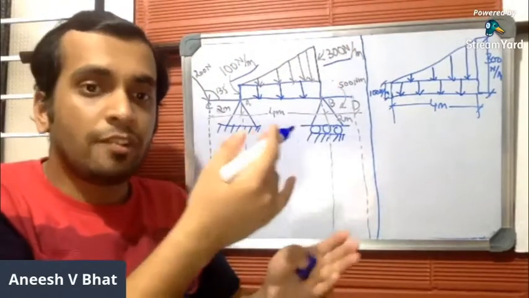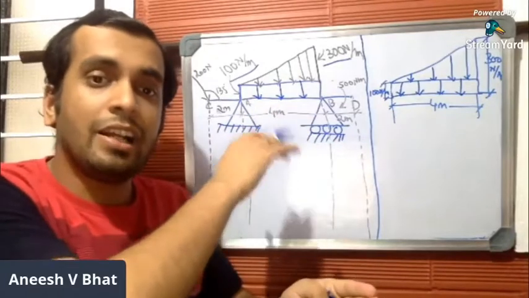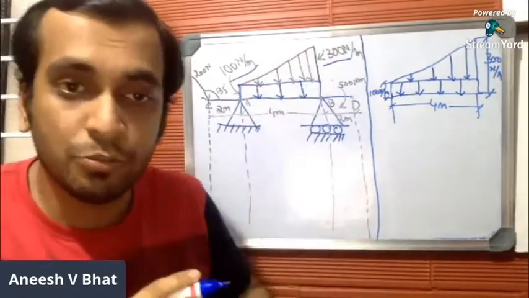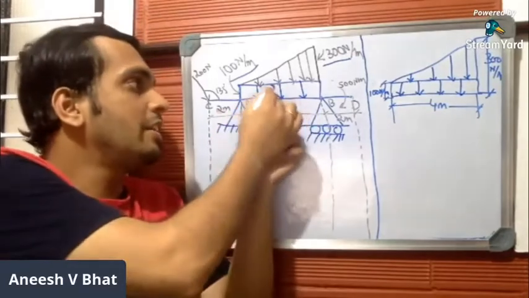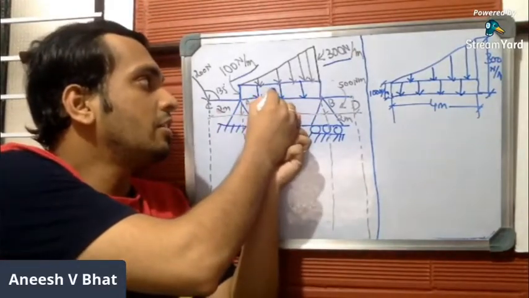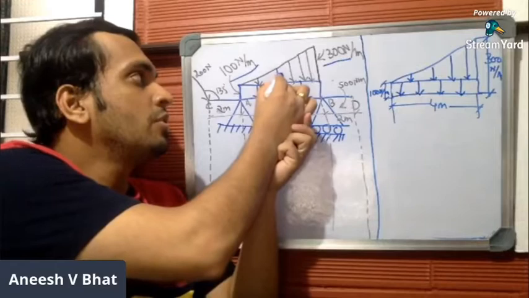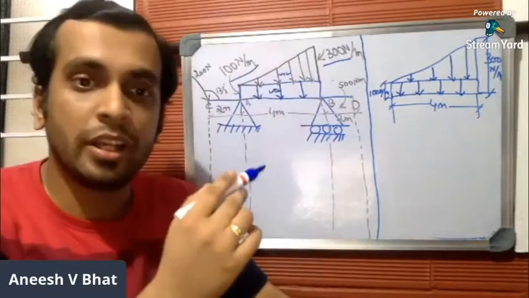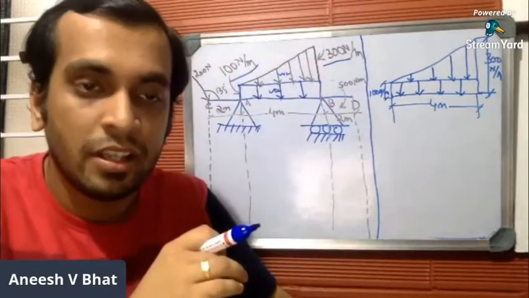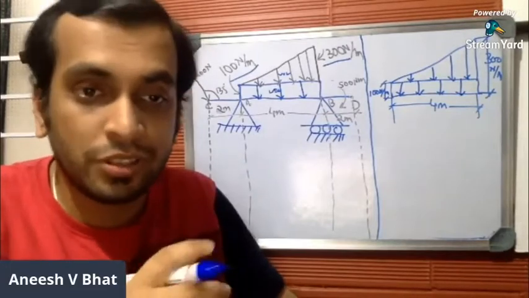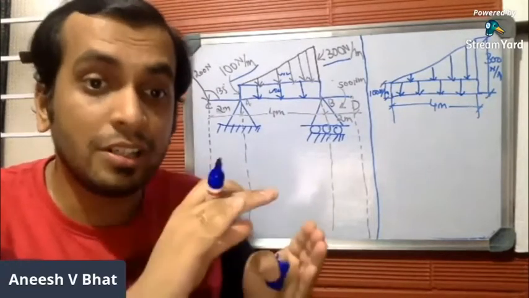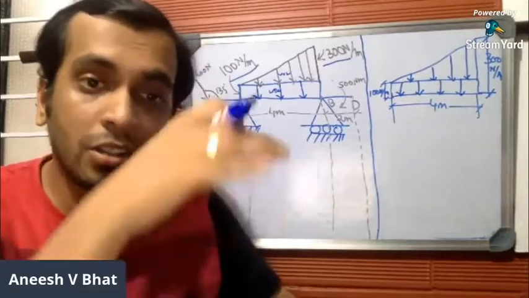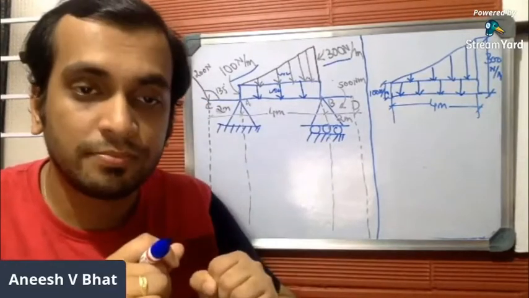So which is the rate of load distribution of UDL and which one is that of the UVL? This is UDL, uniformly distributed load, and this is UVL, placed over one another. We need the rate of load distribution in order to convert UDL or UVL or the combination into point loads.